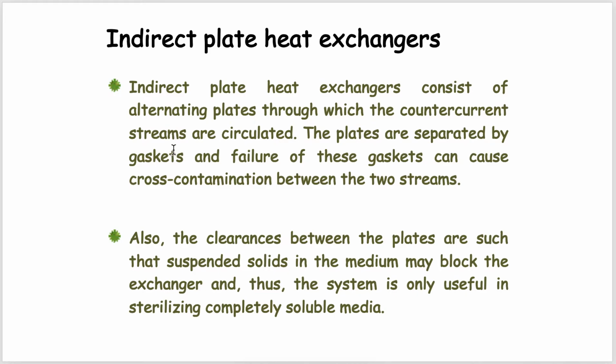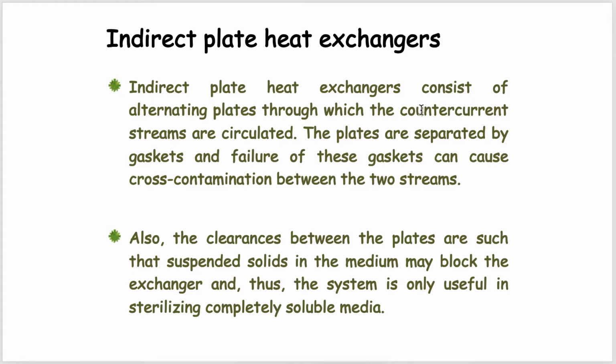It's actually a problem because the plates are separated by gaskets, and most of the time these gaskets are made of rubber. If these gaskets fail, cross contamination will occur. However, please keep one thing in mind: in both the spiral heat exchanger and the plate heat exchanger, the flow of the stream and the unsterile media will be counter current, that means in the opposite direction.